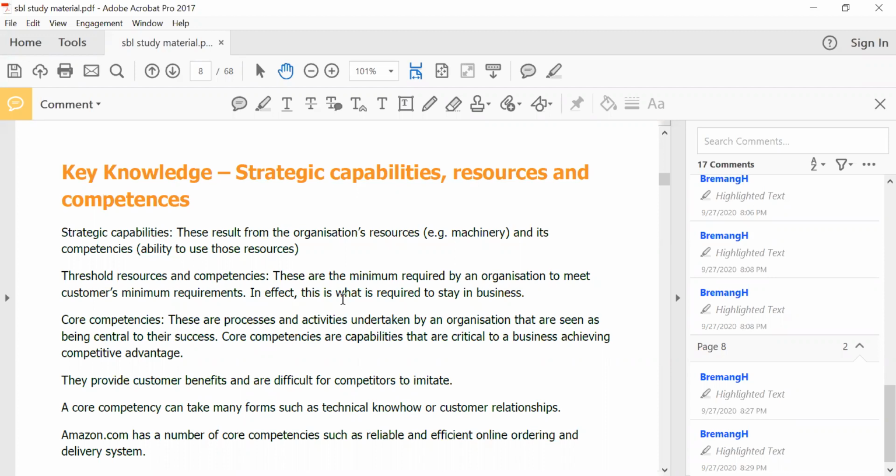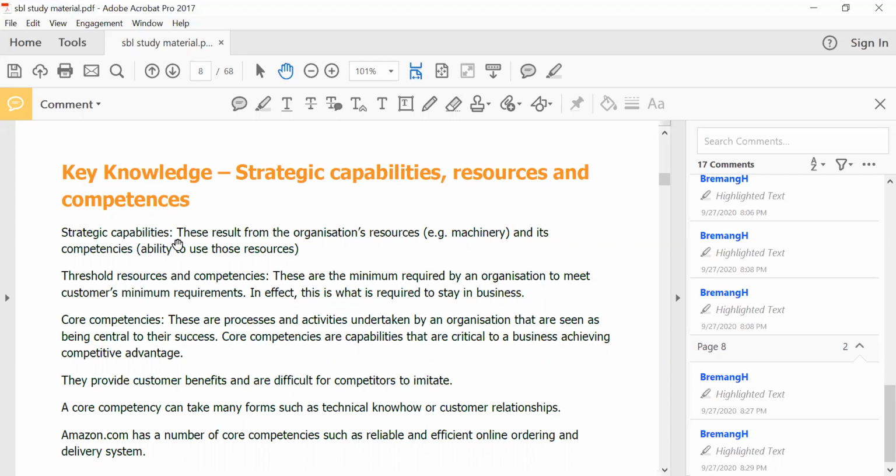If you want to really meet your competitors boot to boot, you cannot just zoom in to meet them. It has to start with you looking at your strategic capabilities, that is, what you are capable of in-house, resources and competencies.